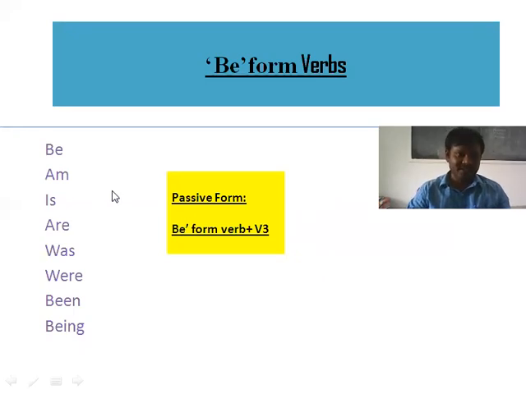Based on the tense of a sentence, these be form verbs will be chosen and used along with the past participle form. For our convenience, we have written it here as V3, the past participle form, in order to form a passive verb. The passive form of a verb is be form verb plus V3. And the list of be form verbs are be, am, is, are, was, were, been, being.